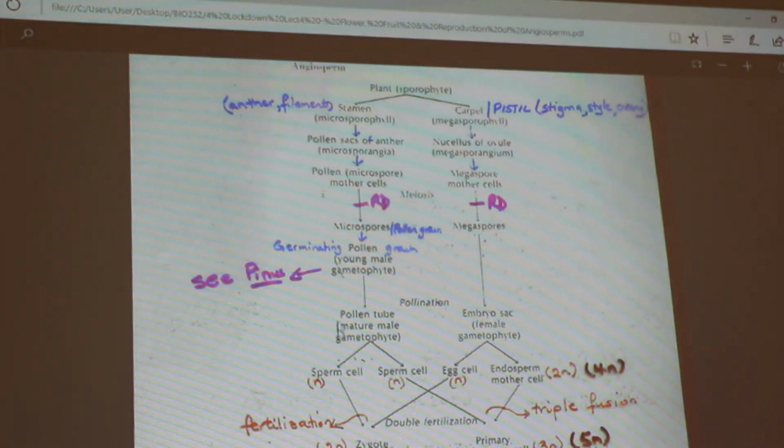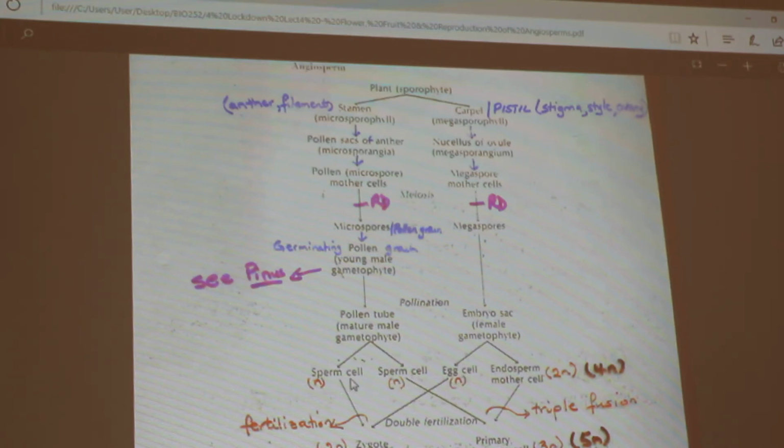Now, the male will give us the 2 sperm cells that we saw. Normally, we only care about fertilization of the egg. But now we are concerned also about what happens to the nucleus of the endosperm, which we saw as 2N and 4N. The sperm will fertilize the egg.